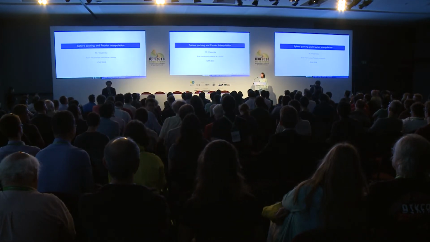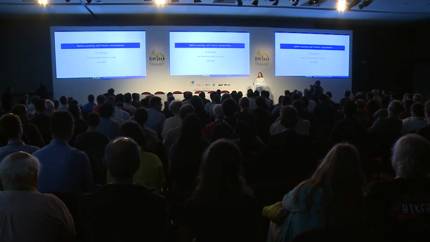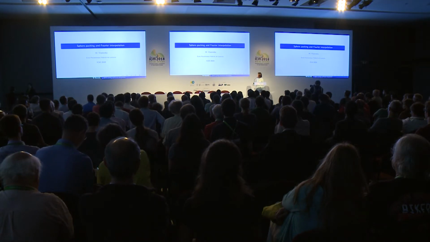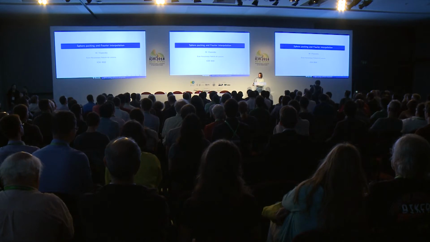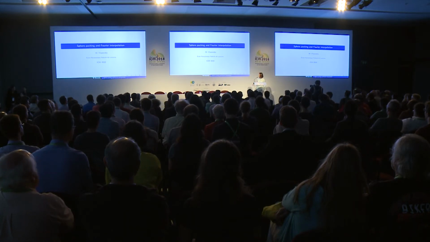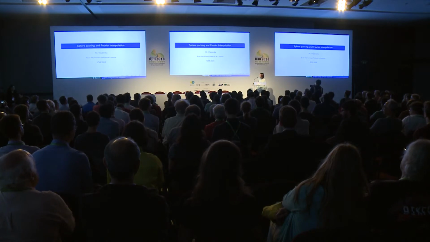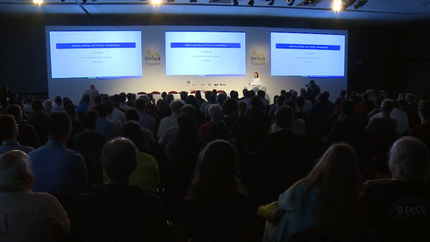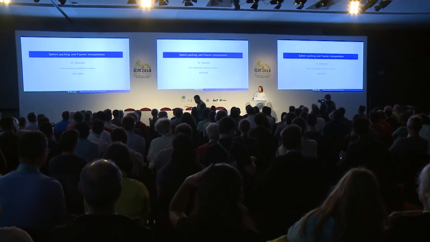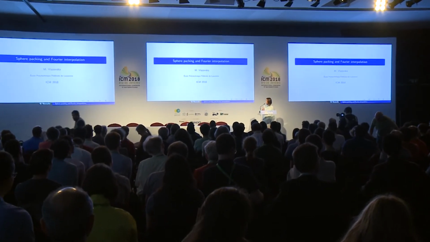Today I will speak about sphere packings and Fourier interpolation. In this talk we will travel back and forth between discrete geometry and Fourier analysis. We will see that each configuration of points in Euclidean space has its fingerprints in the space of d-dimensional functions, functions in d variables.